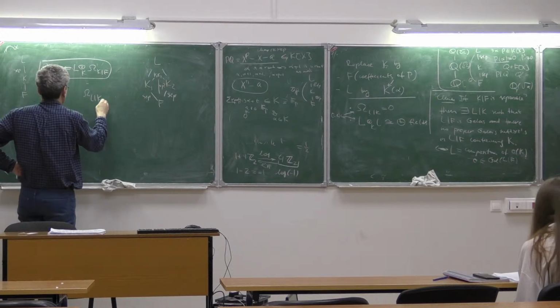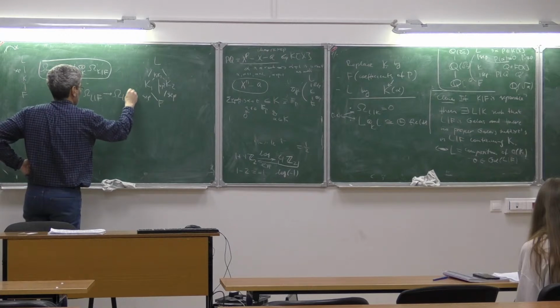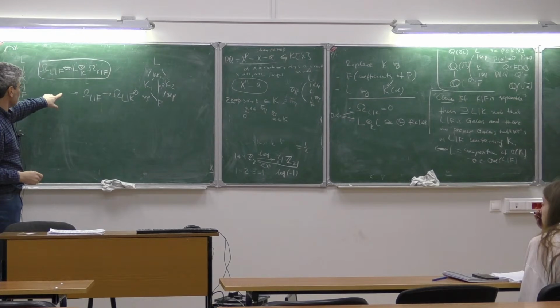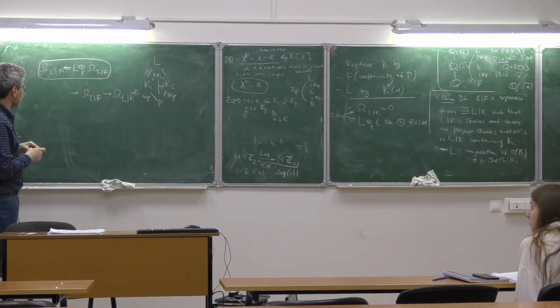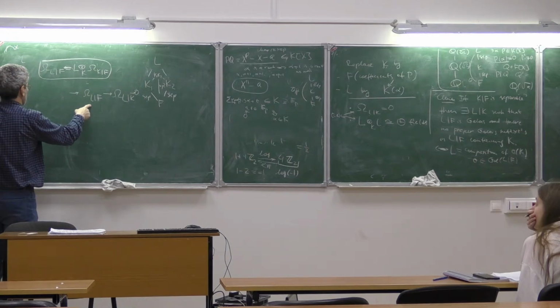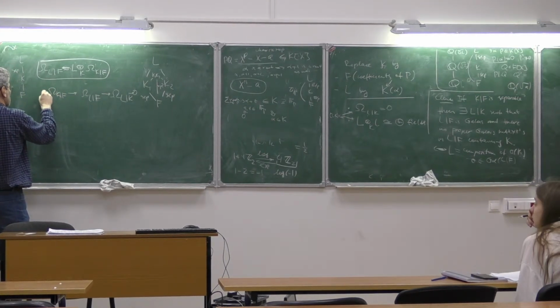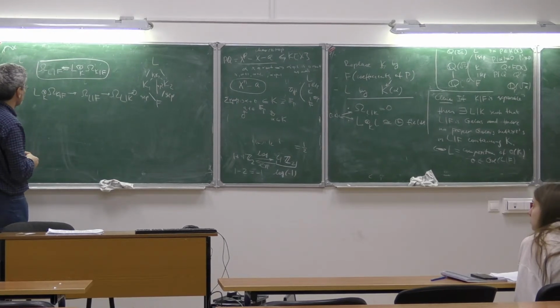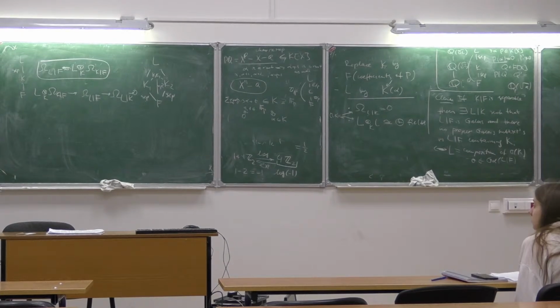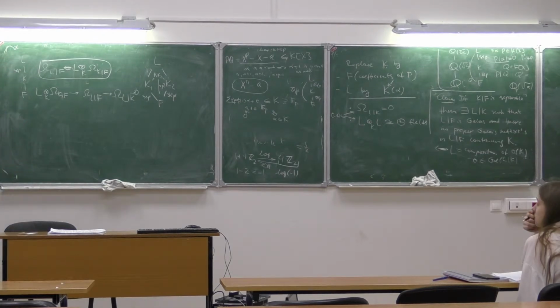We have L over F, it is surjective onto L over K, and the kernel is, maybe it's better to write, L over F and K over F tensor K. Maybe this is more general.